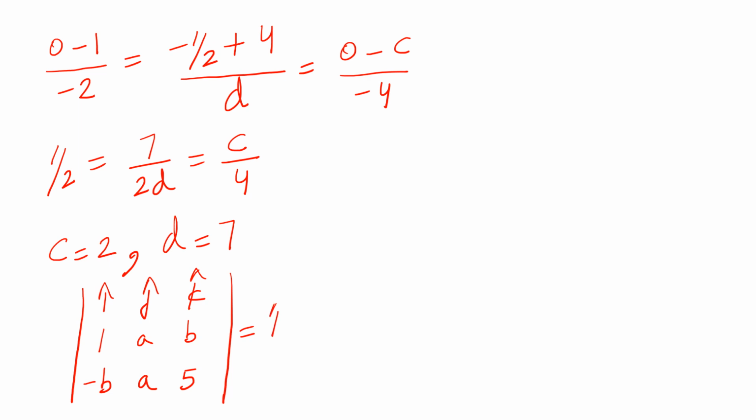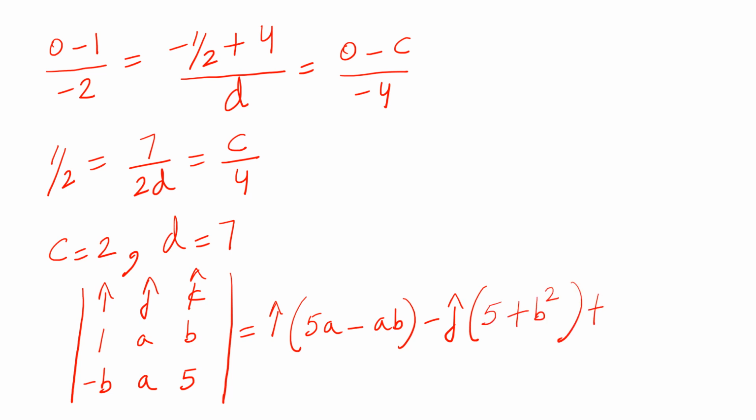It becomes i into (5a - ab), then we have minus j into (5 + b²), and then we have plus k into (a + ab). Right? Now students, the direction ratios of this vector are proportional to the direction ratios of the line L3.